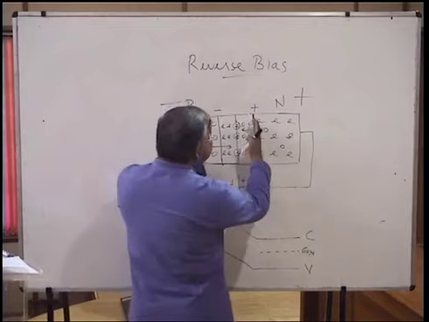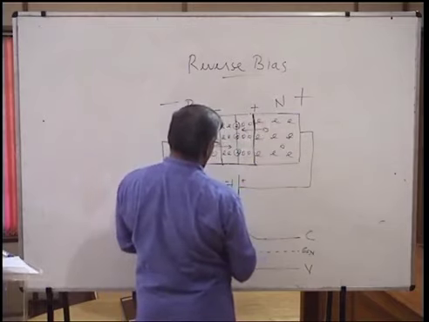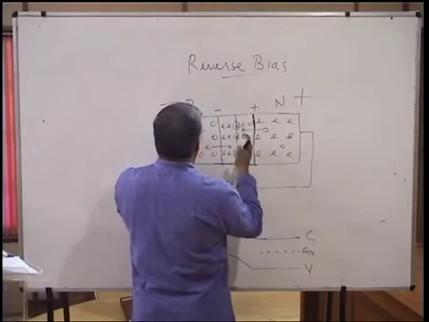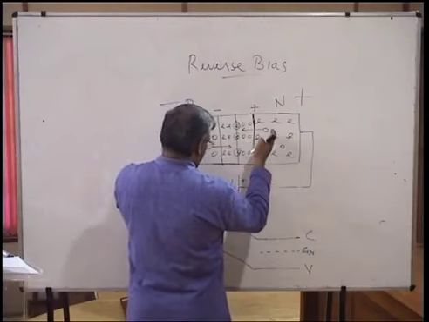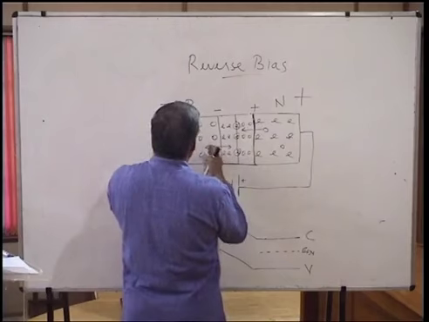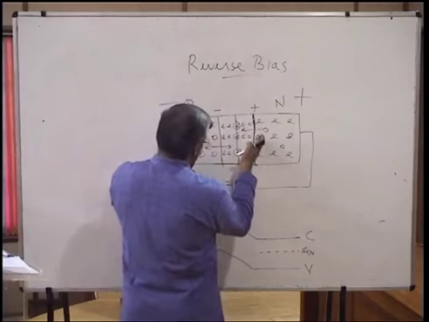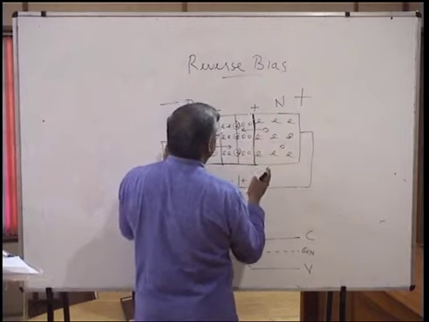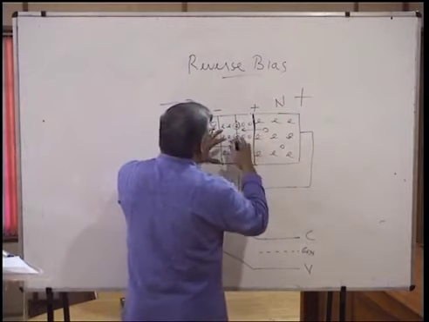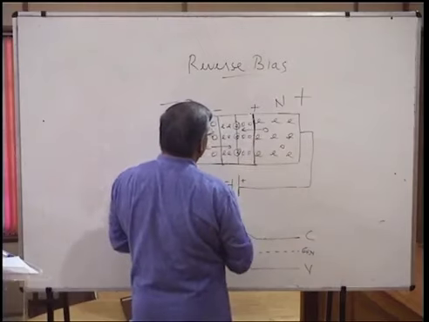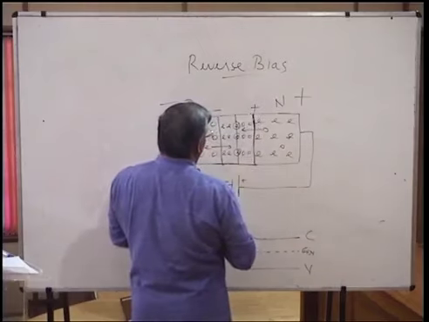Or in other words, the barrier is expanding itself, and therefore it is very difficult for electrons from the N region to reach the P region, or for electrons from the P region to go to the N region. So basically there will be only minority currents present here, current due to the minority carriers, which is already there.